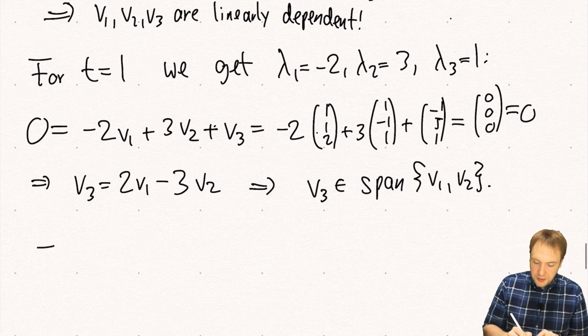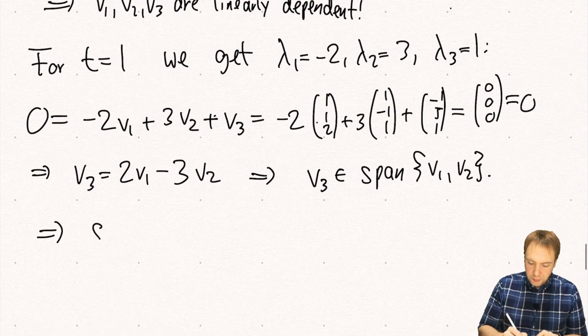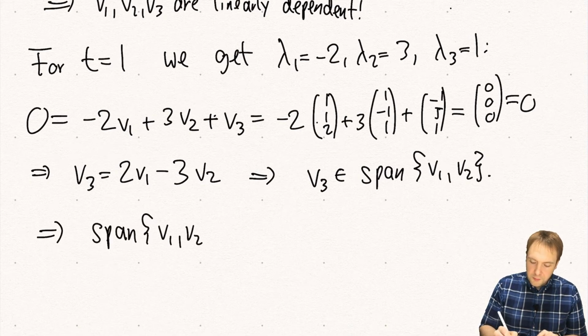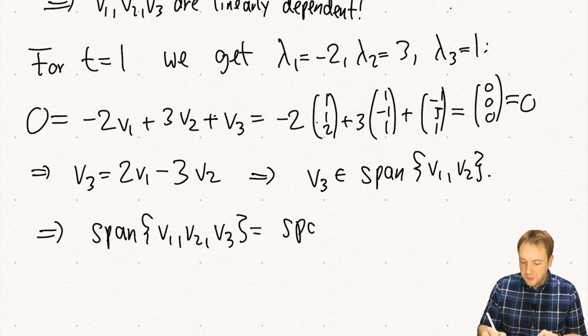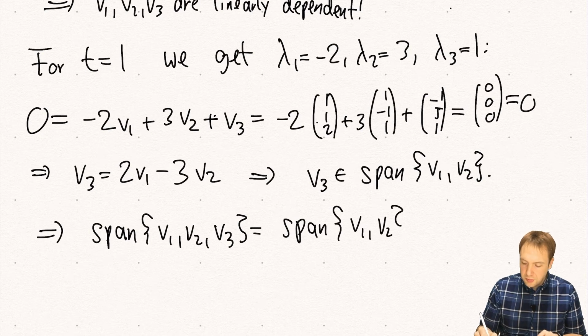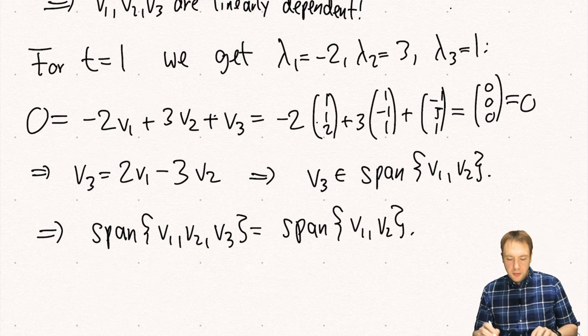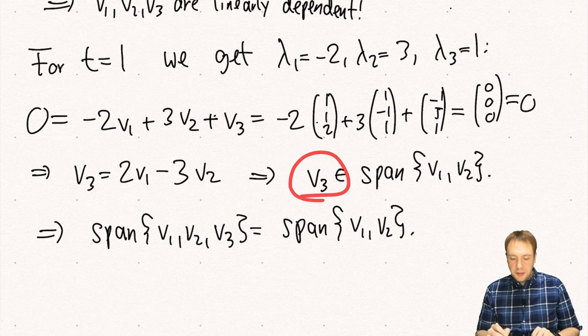And then we can use again the lemma, which states that the span of all of them, v1, v2, v3, can be just written as the span of the first two, v1 and v2, because the last one is in the span of the first two.